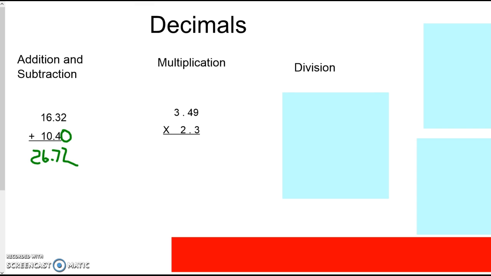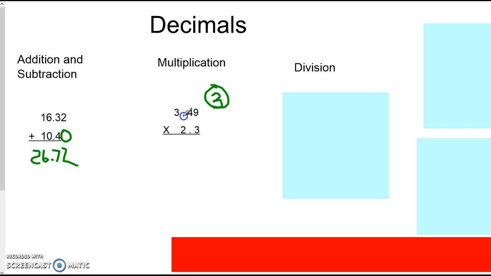There are 2 here on the top, 1 on the bottom, making for a total of 3. I'm just going to make note of that out here on the side, so whenever I come back, I know how many decimal places I need to put back in my final answer.